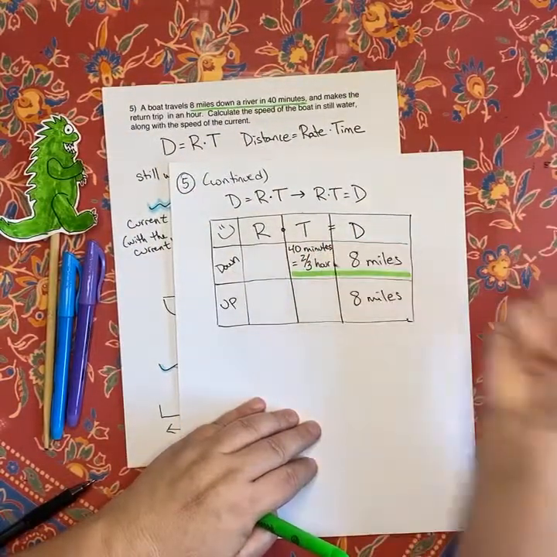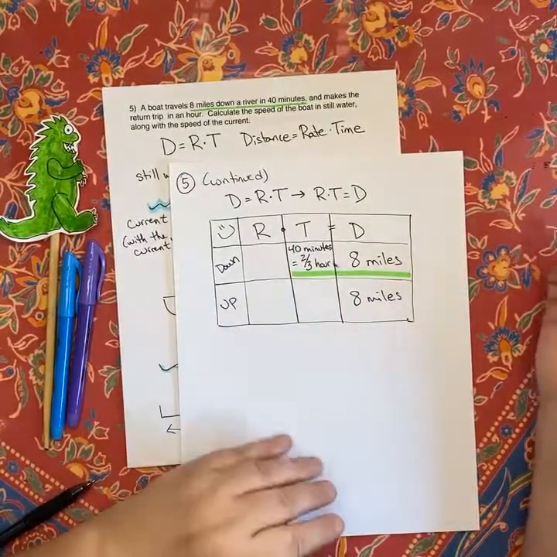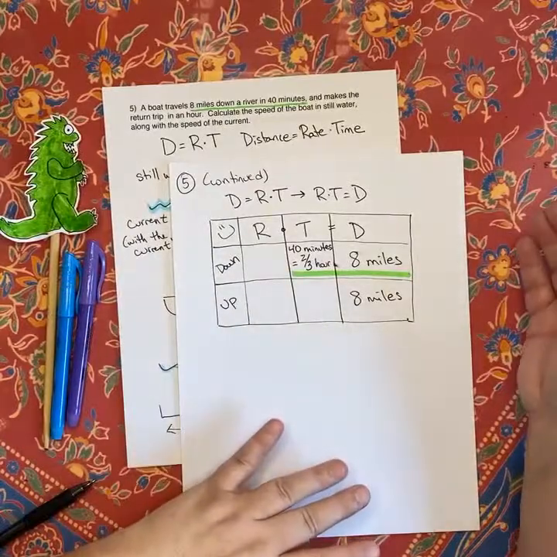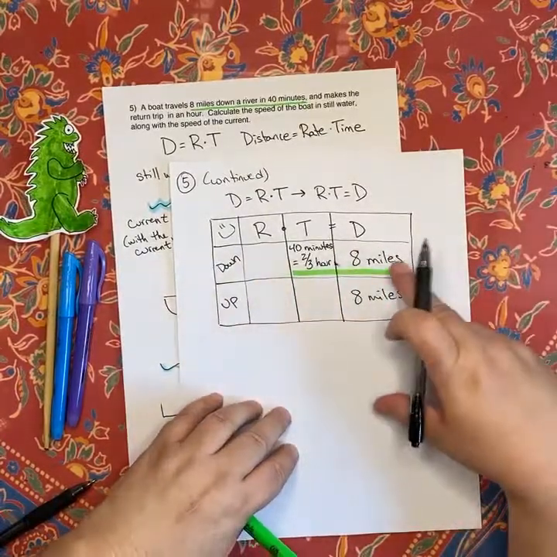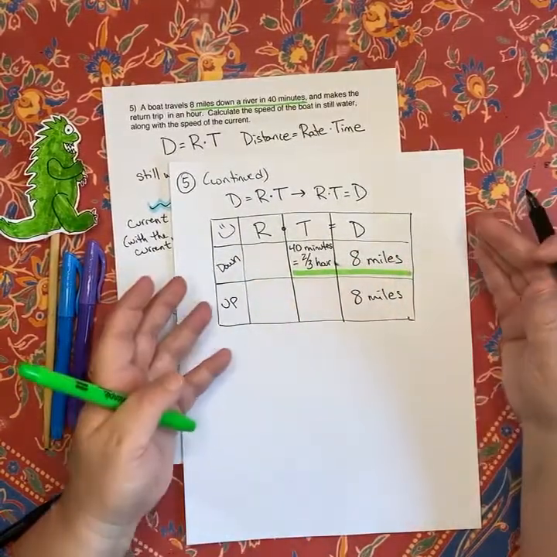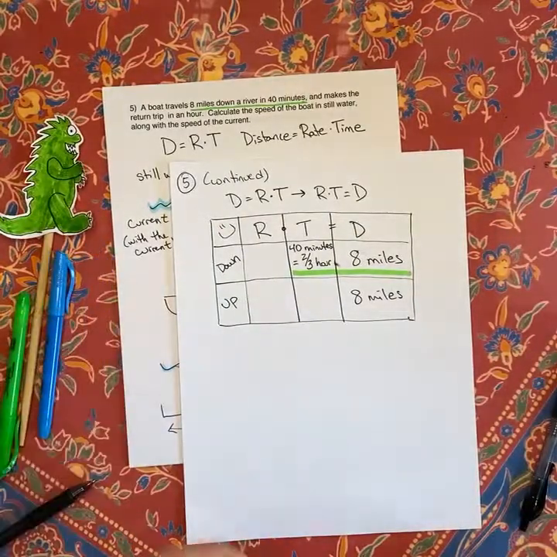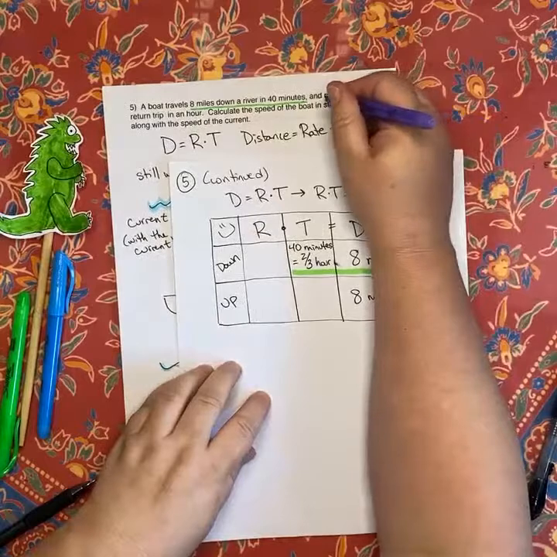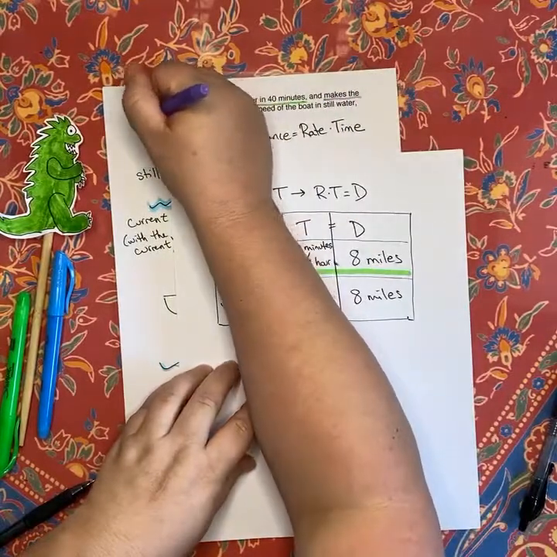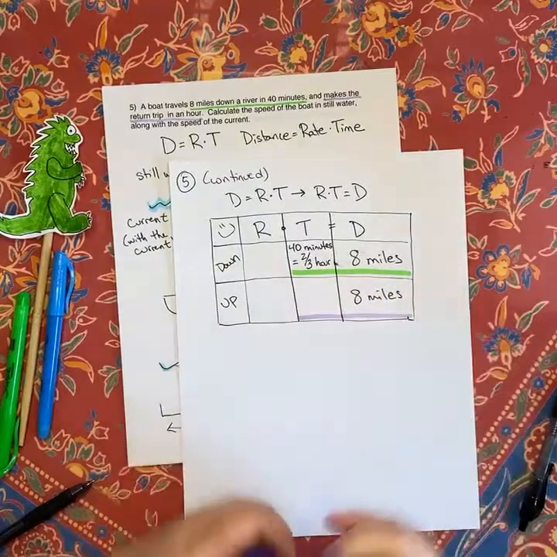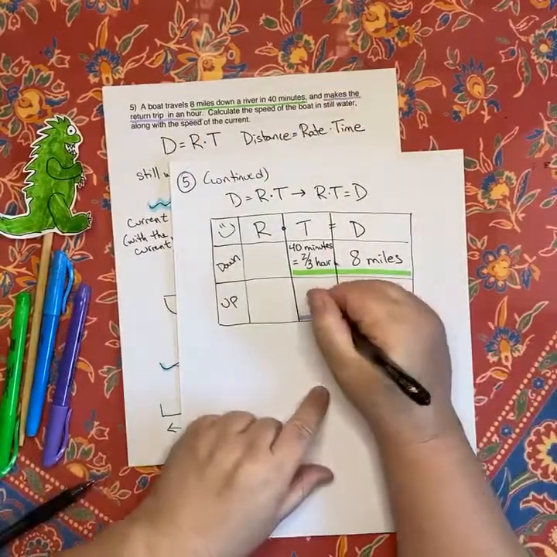And this is our first example, at least in this section, of having to make sure all the units agree. So everything in this chart is either going to have to be hours or miles or something related. That's the green one. And then it makes the return trip in an hour. That's going to be this information right there. So this will be 1 hour.